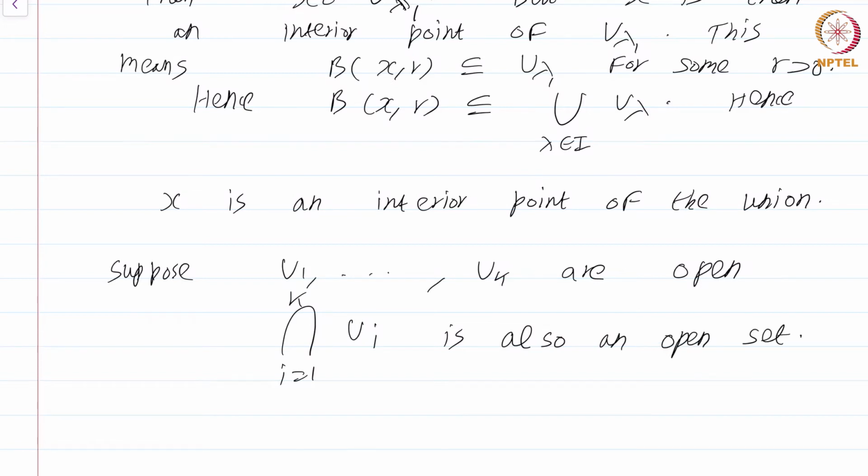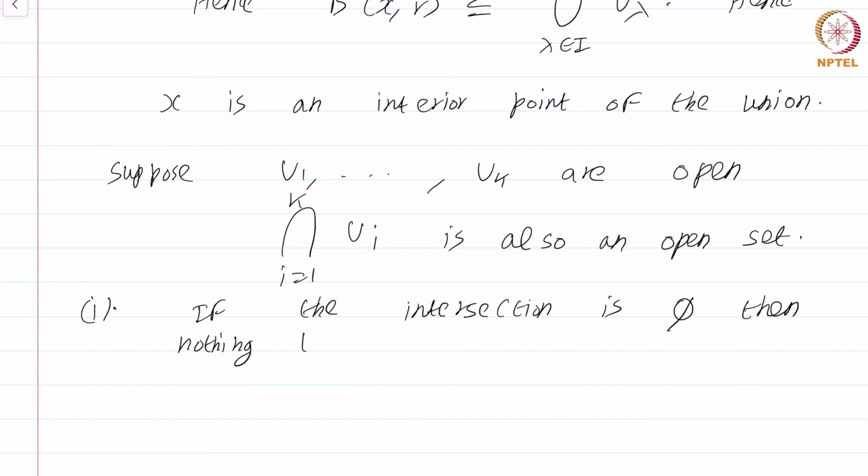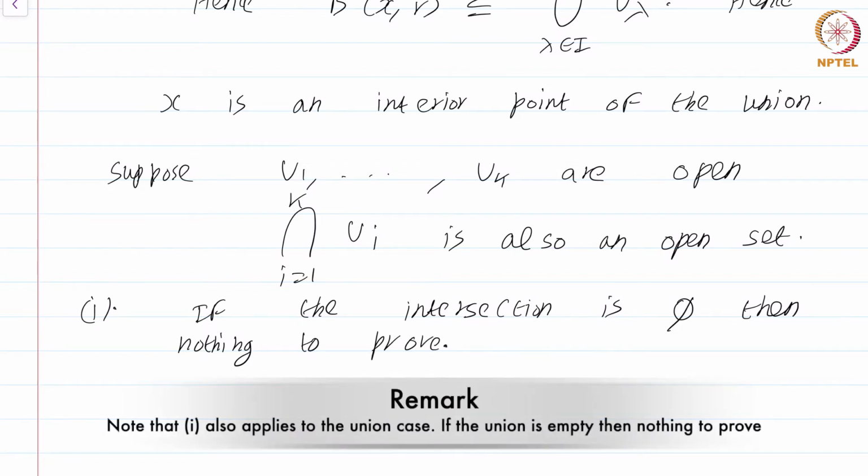Now here is the catch. First part, if the intersection is empty, then nothing to prove. So somewhat counterintuitively, the empty set is an open set.